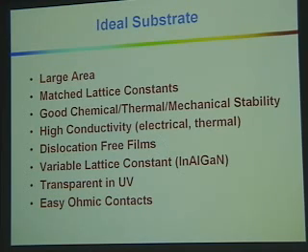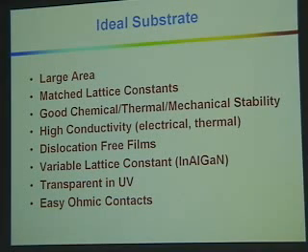I would have dislocation-free films because dislocations serve as non-radiative recombination centers, and therefore decrease the efficiency of my device. I would like to have the lattice constant be variable so I could tune the wavelength and correspondingly adjust the substrate material.